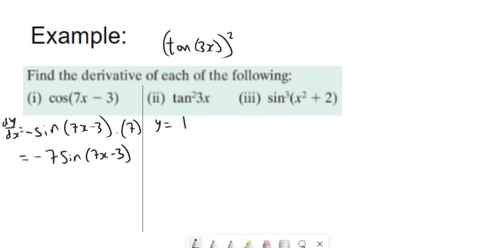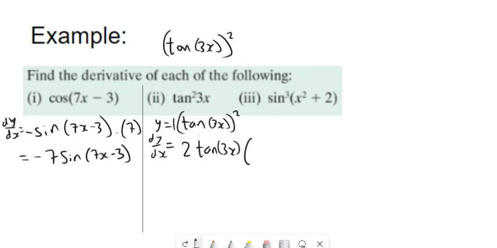So if y is equal to tan 3x all to be squared, we're actually going to have to do this. It's like we're doing the chain rule twice here. So if I was to differentiate as normal, dy dx will just be 2, because I multiply by the power, so 1 times 2 is 2, and then tan 3x, and then the power would now be to the power of 1, but that's just the same thing as tan of 3x anyway.